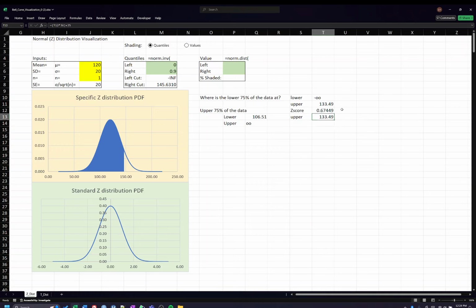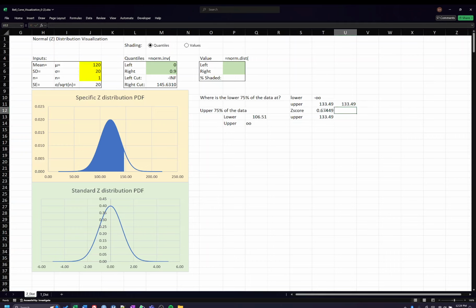So that's how you would do it if you were using just the standard normal and then moving to a critical point. But what's cool is that if we use our norm.inverse and we do the probability of 0.75, and now if we give the mean here as 120 and our standard deviation as 20, it will give us the answer in terms of our scenario.